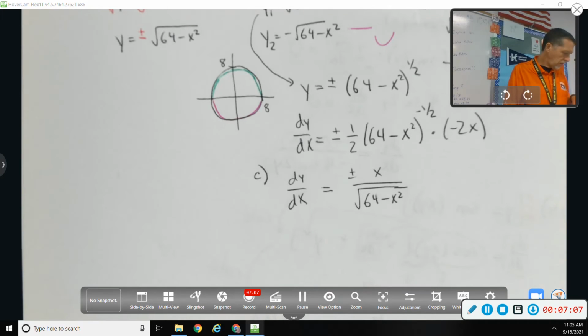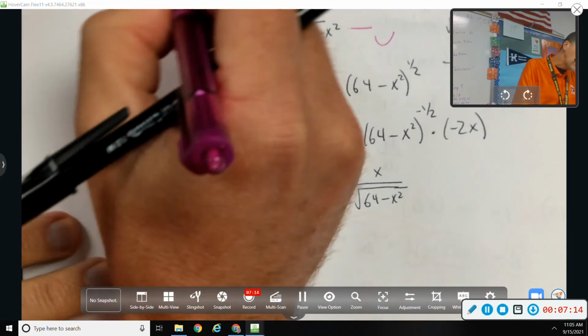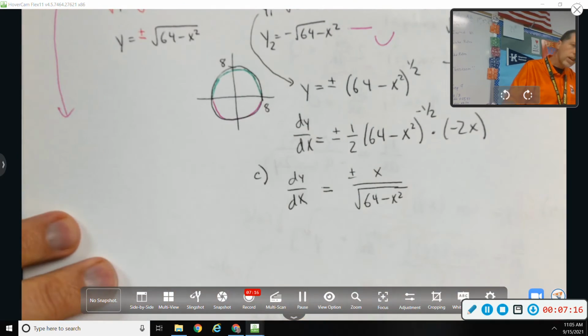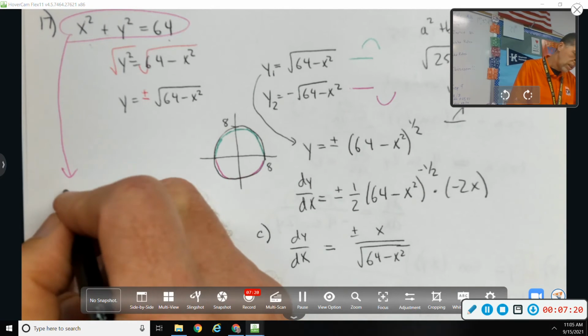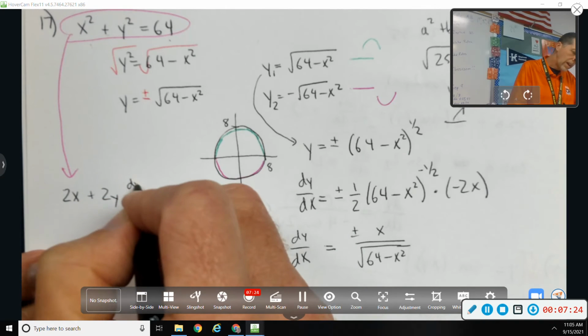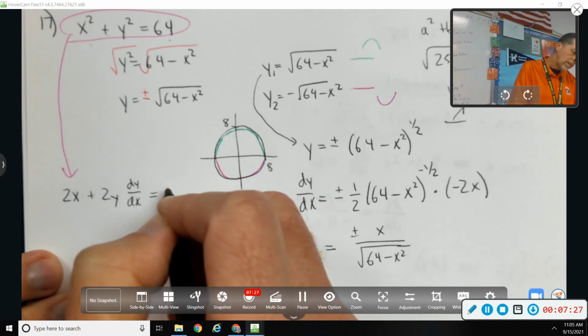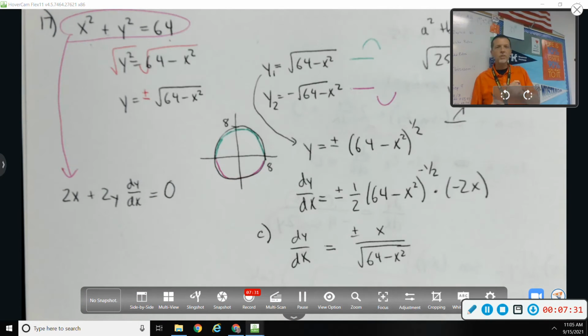Part D, find dy dx implicitly and show that it's the same. So implicitly means come back up here to our original. So 2x plus 2y dy dx equals 0, not equals 64, right?